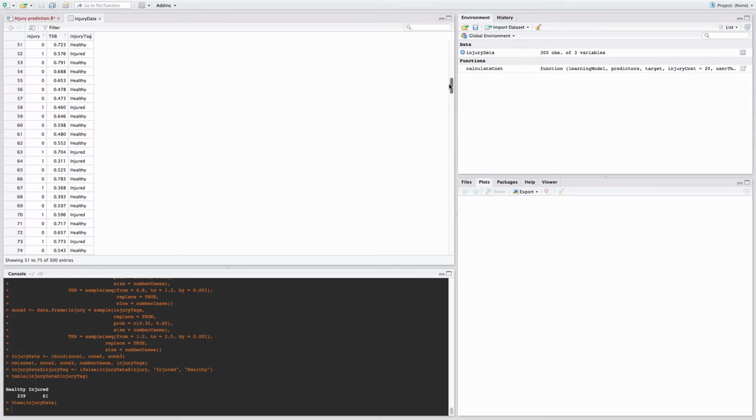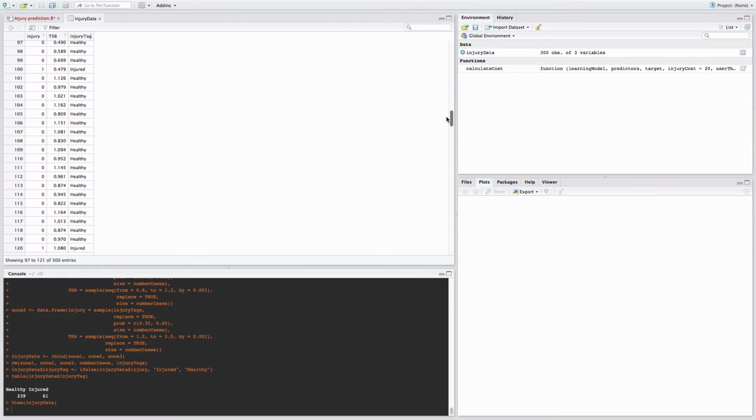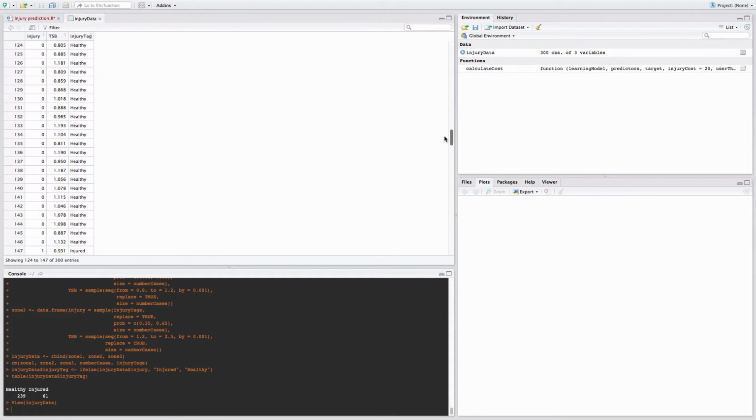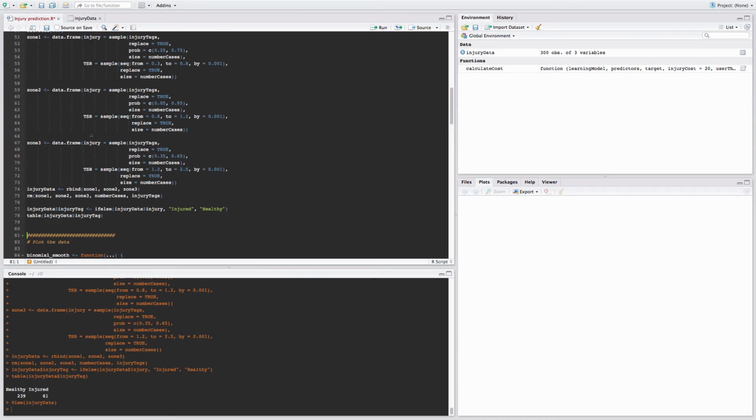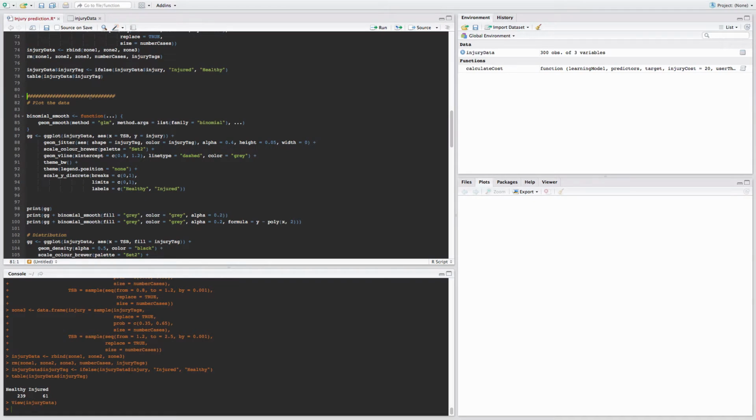This is all zone 1, and now we are switching to zone 2. We can see higher training stress balance numbers and so forth. So it's 300 athletes, 61 are injured, and 239 are healthy. This is going to look much better when we plot it.